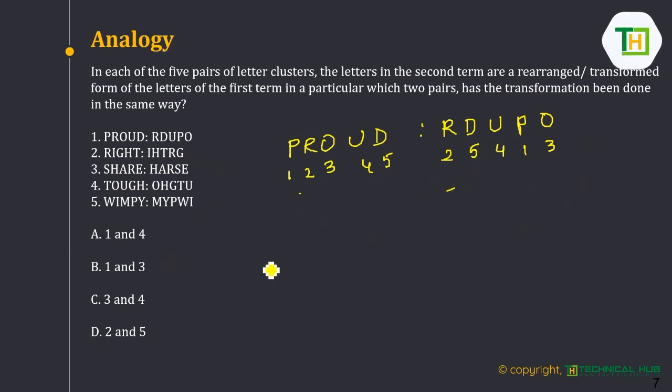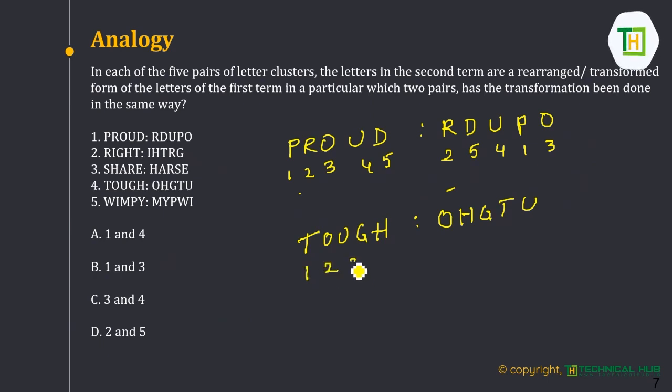Want to check it here. TOUGH is coded as OHGTU. So this is 1, 2, 3, 4, 5. O is in the second position, taken in this place. H is the fifth position. G is the fourth position.